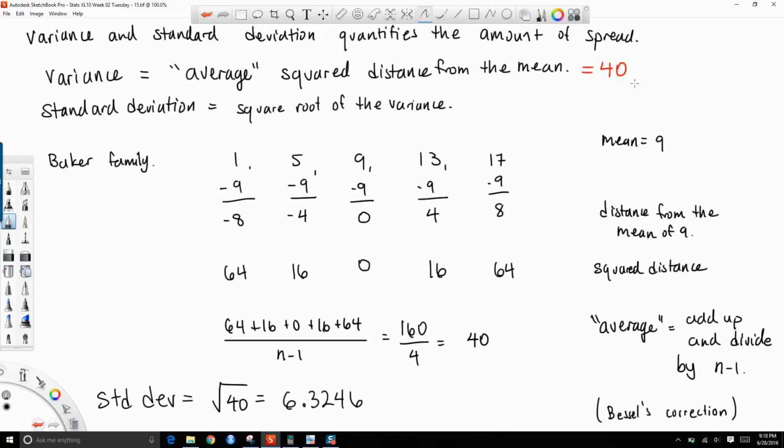Is that okay? So why don't you guys try this out? See if you can find the variance and standard deviation of ages for the Adams family. Okay, so we have 7, 8, 9, 10, 11.